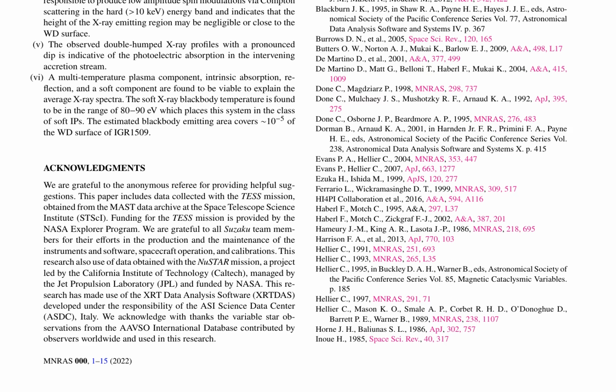The authors acknowledge the contributions of various teams and archives, including the TESS mission, the Suzaku team, the NuSTAR mission, and the AAVSO International Database. The data used in this study are publicly available in NASA's High Energy Astrophysics Science Archive Research Center (HEASARC) archive and the TESS Data Archive.